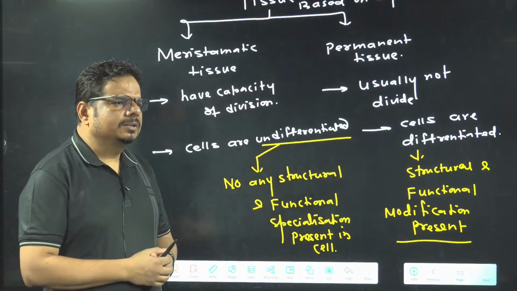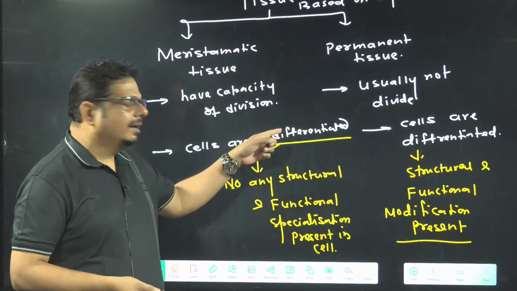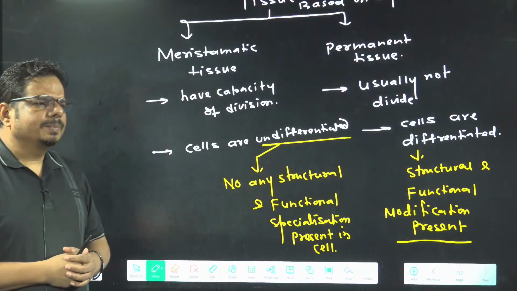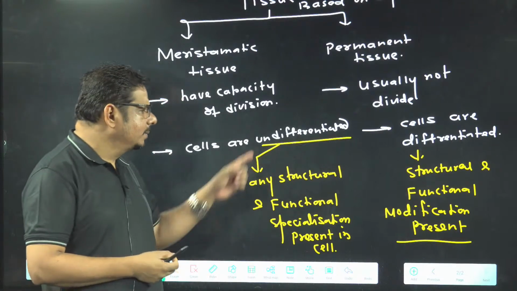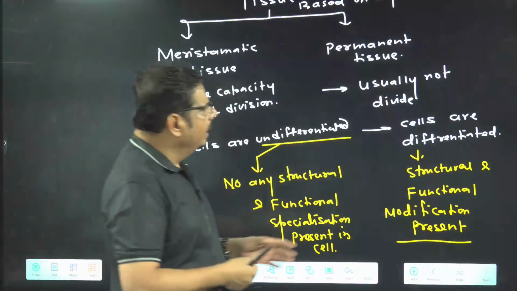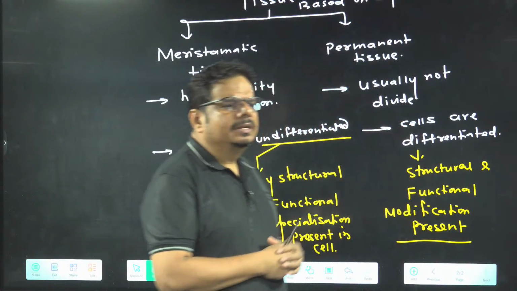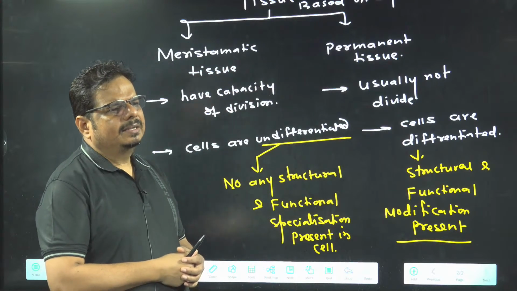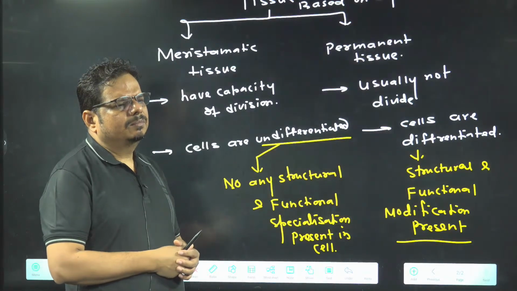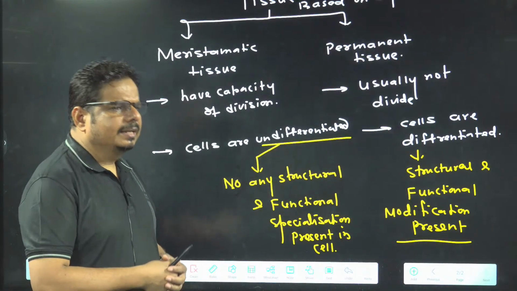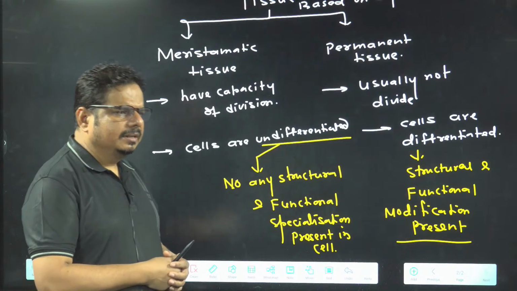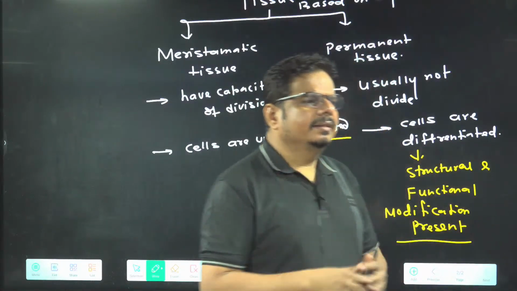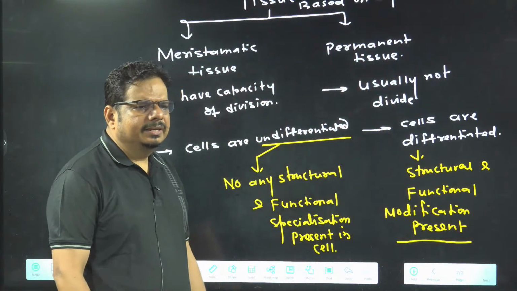In meristematic tissue, cells are undifferentiated, meaning there is no special structure and no special functions. But in permanent tissue, cells are differentiated, and structural and functional modifications and specializations are present. Getting the things? A structure gets modified to serve a special function in the case of permanent tissue. Is it all right?